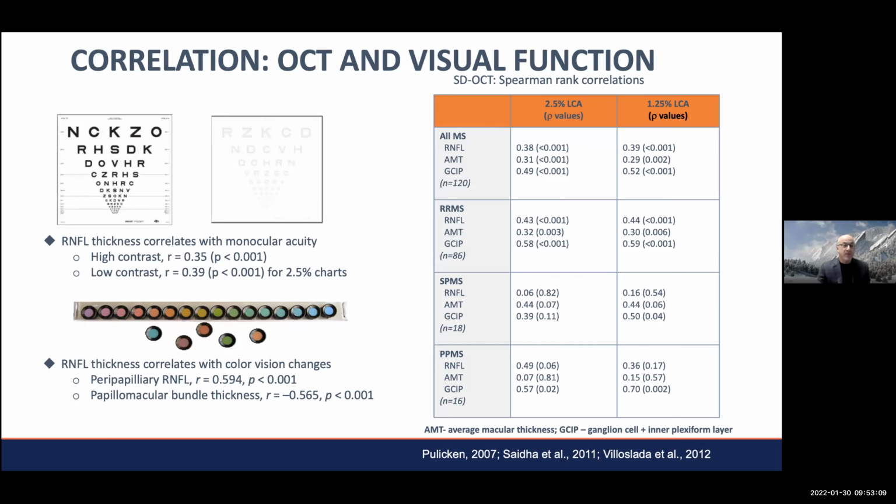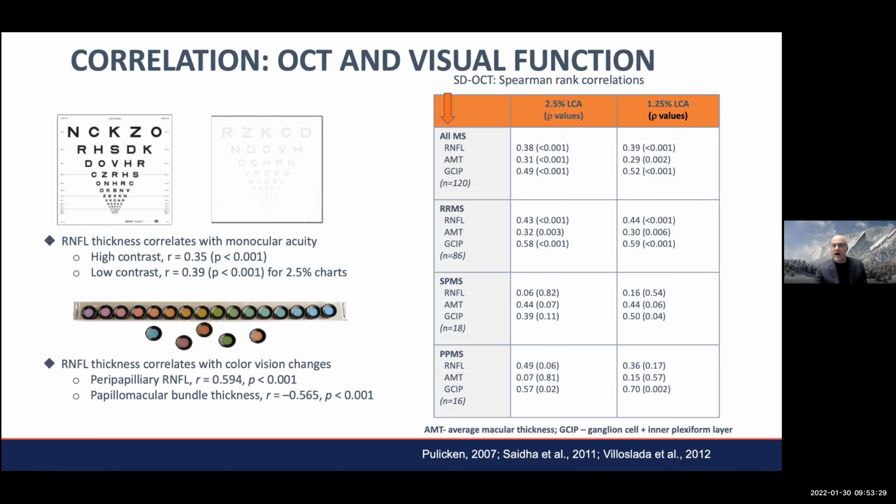Subsequent studies using OCT in optic neuritis have shown us a strong correlation between OCT and visual function, both with high contrast vision as well as low contrast vision, and also color vision. And these associations occur not only with the peripapillary retinal nerve fiber layer, but also in the papillomacular bundle thickness, as well as areas of the retina.